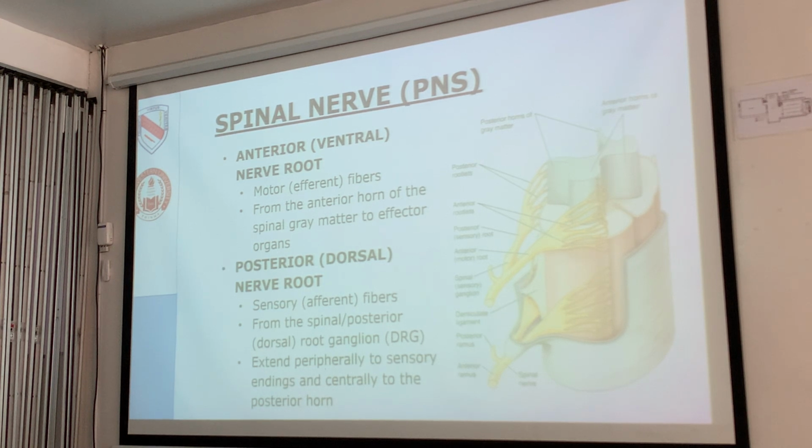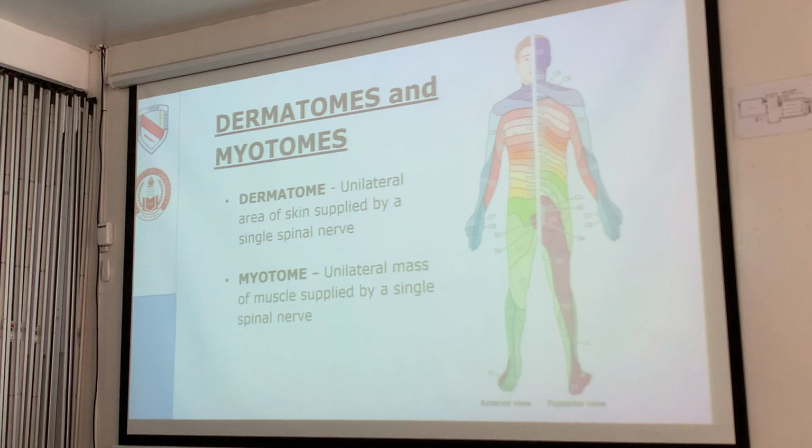The anterior ventral nerve root is usually motor, efferent fibers from the anterior horn of the spinal gray matter. For the posterior, you have your sensory, from the periphery sensory nerve endings, and centrally to the posterior nerve root. Imagine the lesion conditions. This is just good to know.